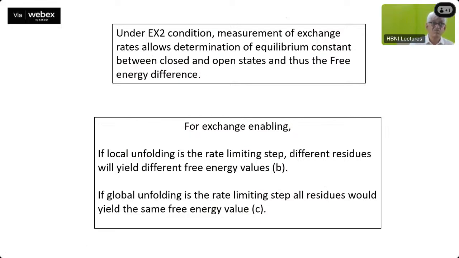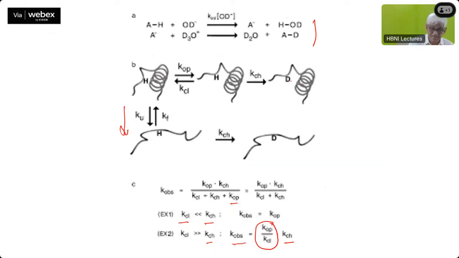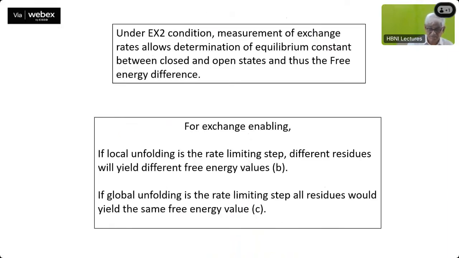Now, for exchange, if local unfolding is the rate limiting step, then different residues will yield different free energy values, because at different points it will be different.